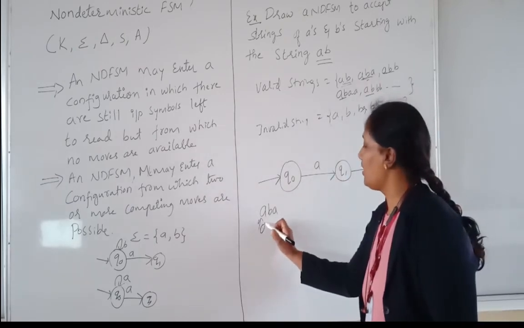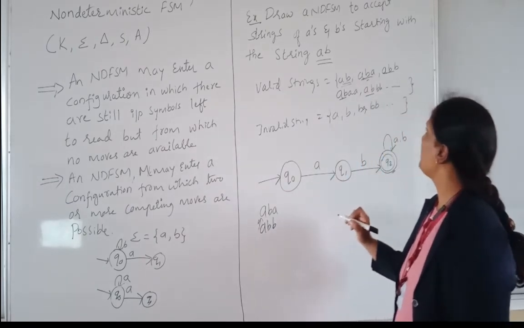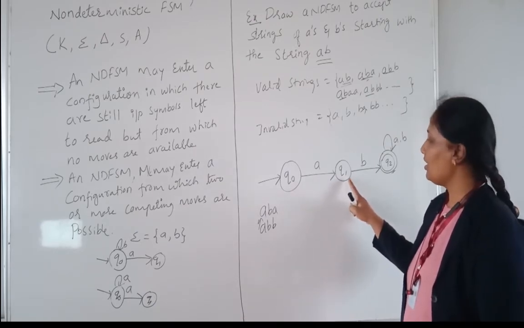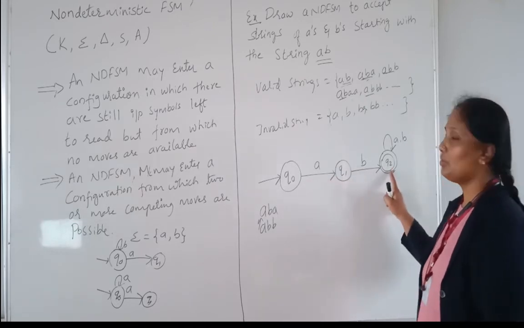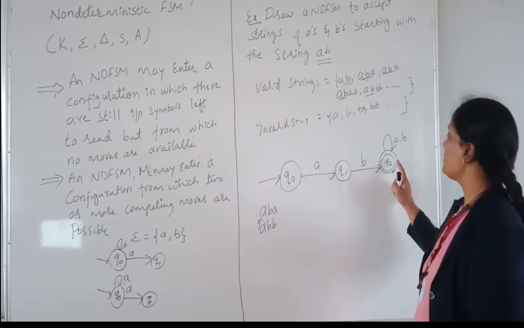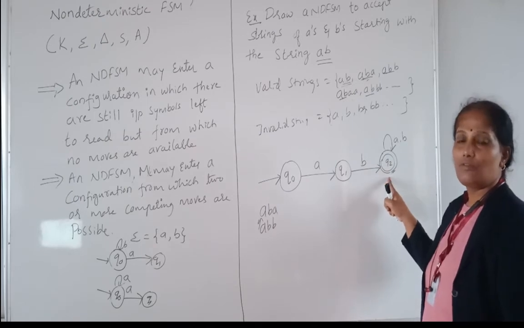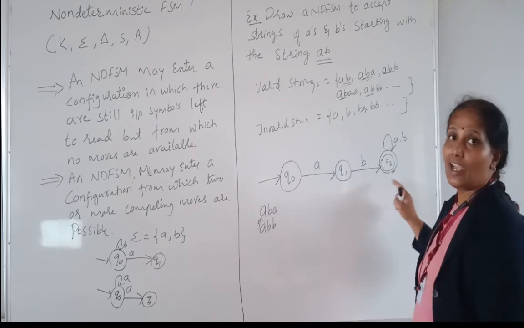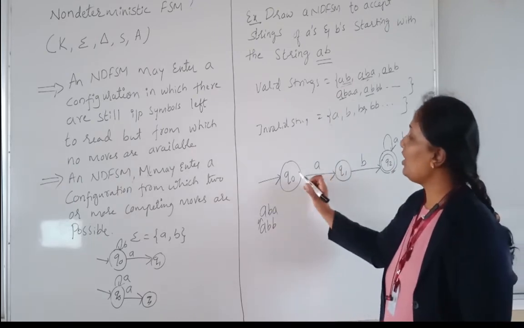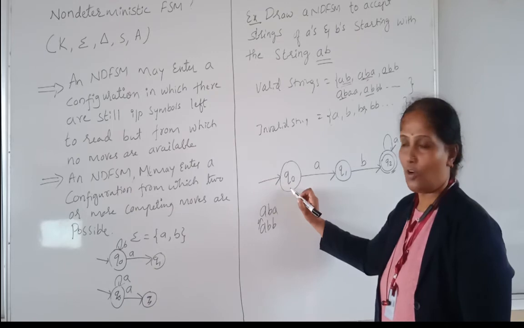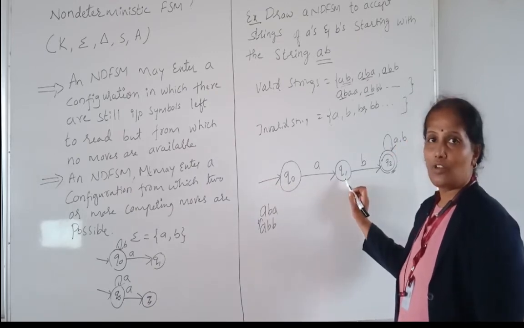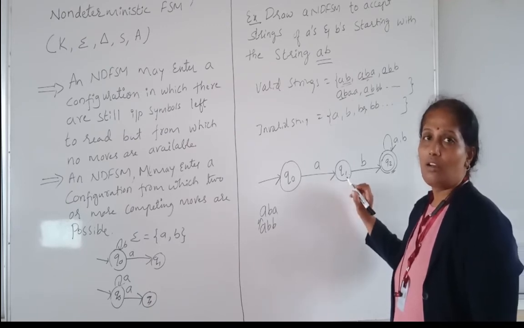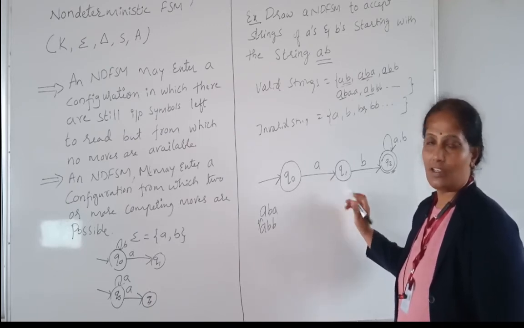Next, take another valid string, ABB. When A comes, it changes the state from Q0 to Q1. When B comes, it changes to Q2. After that, any number of B's are accepted and it remains in the final state. So all these are accepted by your NDFSM. Here there is no need to show the B transition from the Q0 state and the A transition from the Q1 state. It is not compulsory in NDFSM to show the transition for every alphabet.